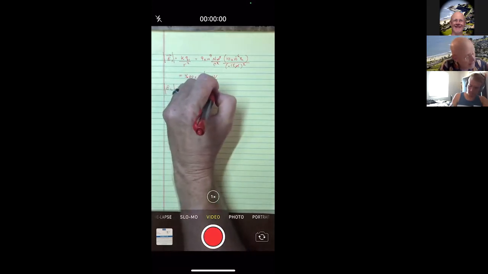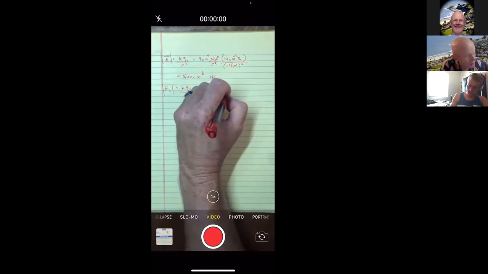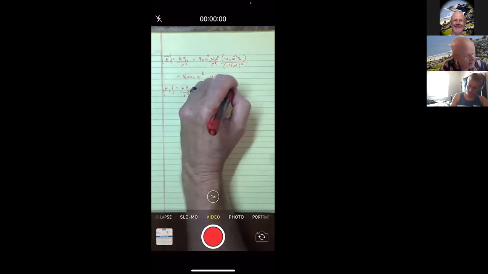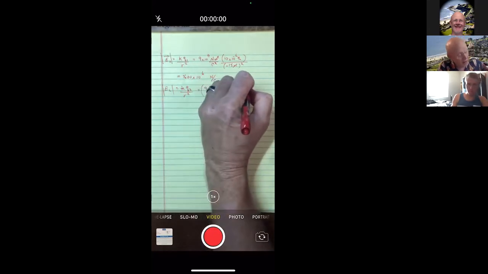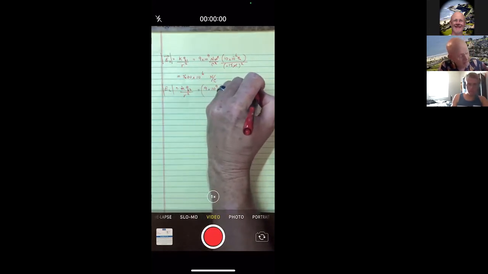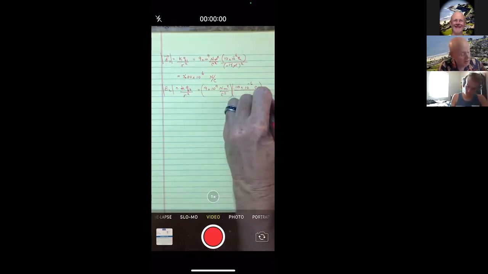So 9 times 10 to the 9th newton meters squared over coulomb squared. So there's Coulomb's constant. The charge of number 2, well, they're all the same at 10 times 10 to the minus 6 coulombs. Okay.